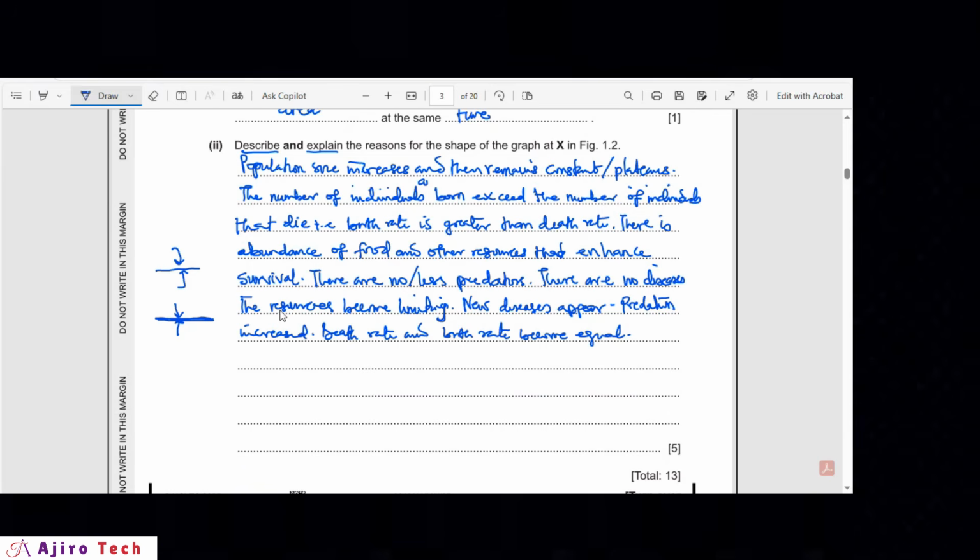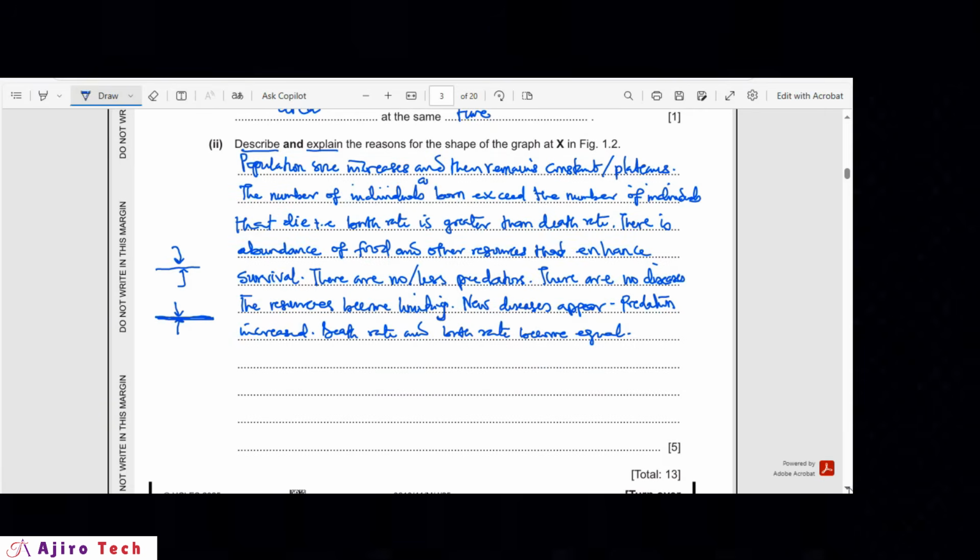And for the plateau, the reason why death rate and birth rate became equal: resources become limiting, new diseases appear, predation increased. So those factors that we saw at the beginning when the population size increased, and those factors appeared to increase death rate, to make death rate match up with birth rate.